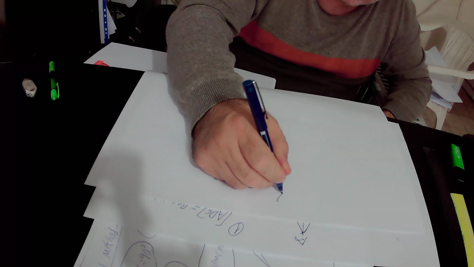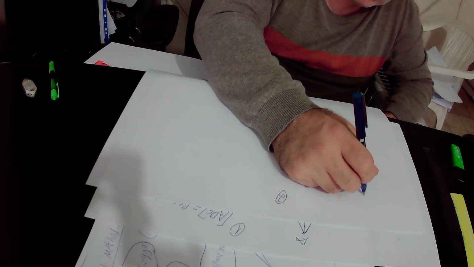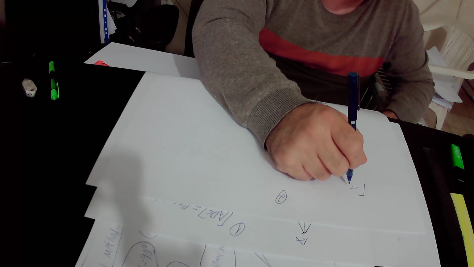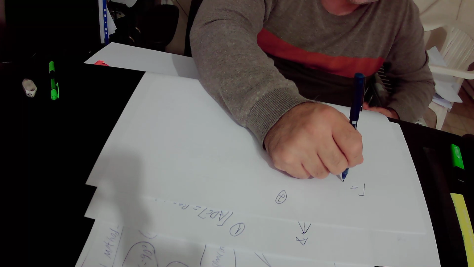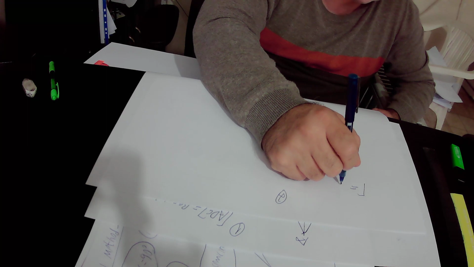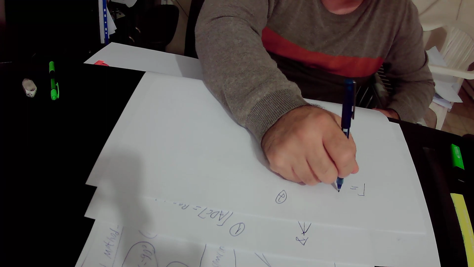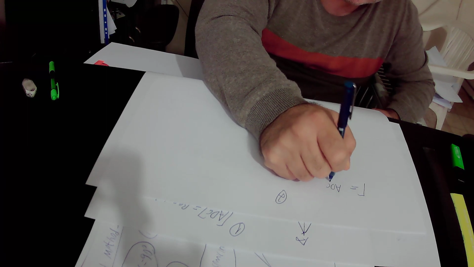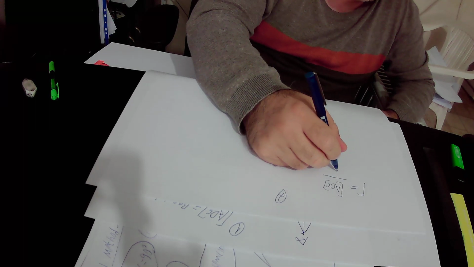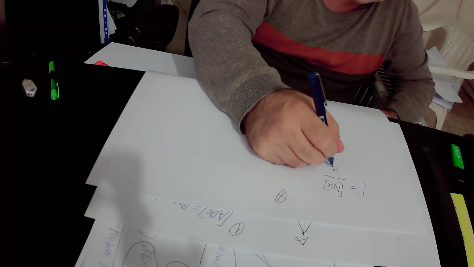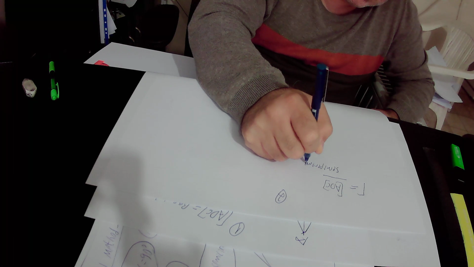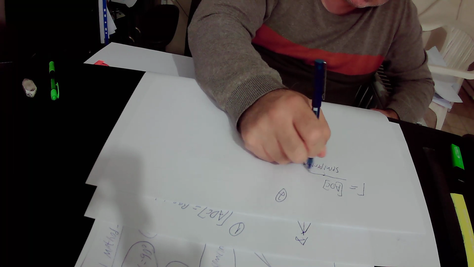The radius of a circle inscribed in a triangle is equal to the area of the triangle that encloses the circle, in this case ADC, over the semi-perimeter of triangle ADC.